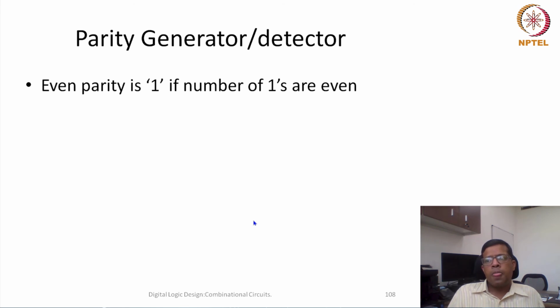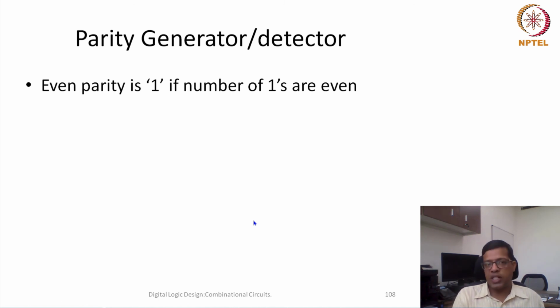So now how are these parity bits useful? If you remember, in our very first lecture we were talking about the advantages of digital design over analog design and other things. At that time we said that digital design has one beautiful feature, that if by chance one of the bits gets flipped from 0 to 1, then there are techniques which can help identify that there is an error.